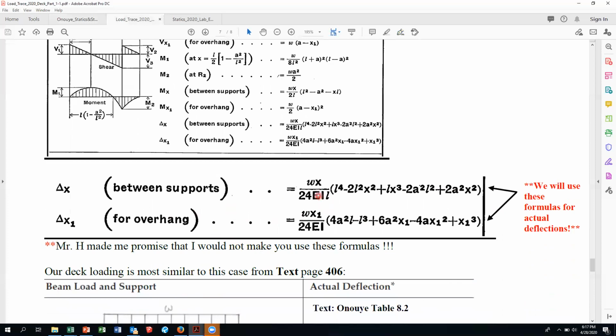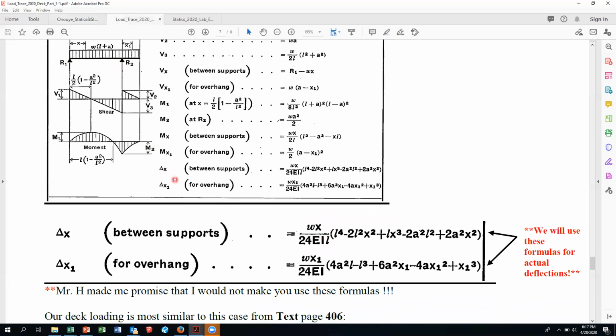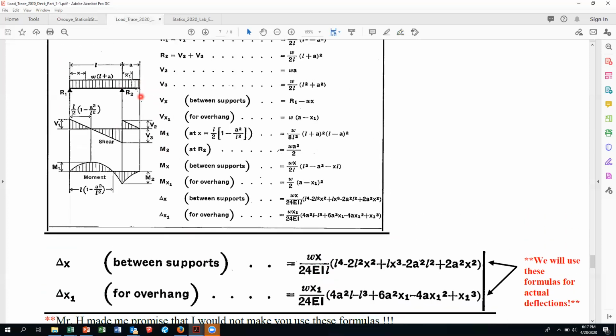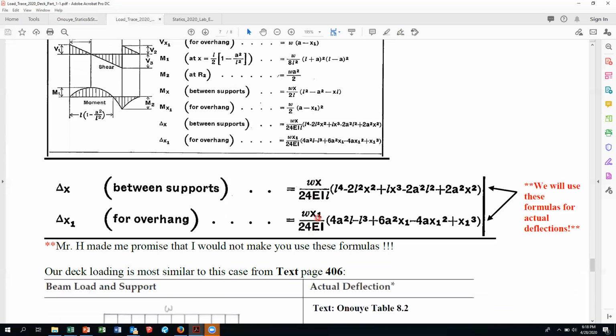So these are going to be the formulas that we're going to use to find the maximum deflection between the supports and the maximum deflection on the overhang. Okay. The shear diagram should look familiar. The moment diagram should look familiar. And then these are the maximum deflections based on loading and where the supports are.